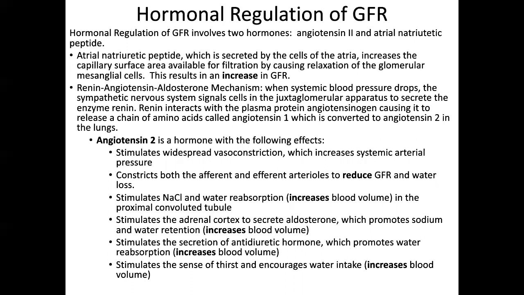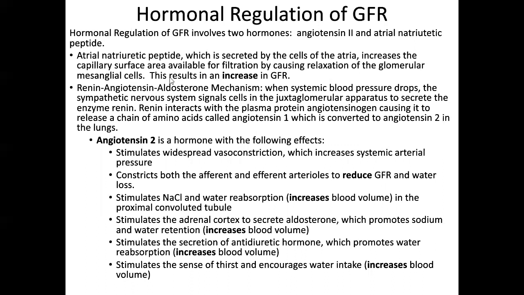Remember, we talked about this hormone a few weeks ago, secreted by the cells of the atria, the upper chambers of our heart. It is going to increase the capillary surface area available for filtration by causing relaxation of the glomerular mesangial cells, those cells that are in between the glomerular capillaries. And basically, as a result, this increases GFR.